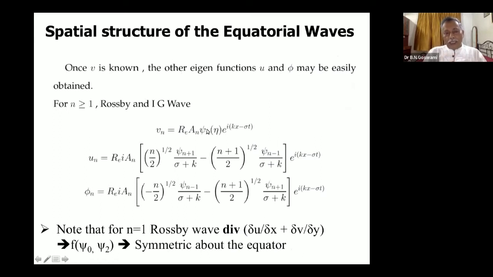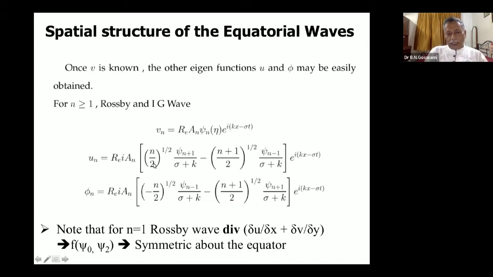So the structure of the amplitude function in these waves, Rossby and inertia gravity waves, is like this. And this is something that we could not discuss in detail in the last lecture, and there was some question about it.